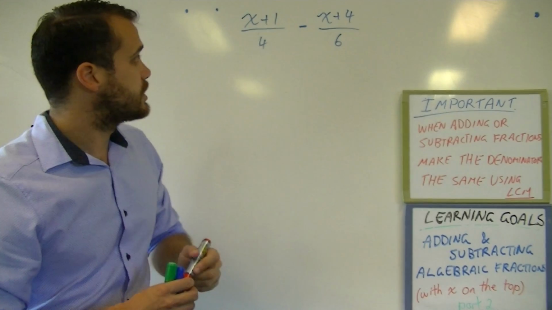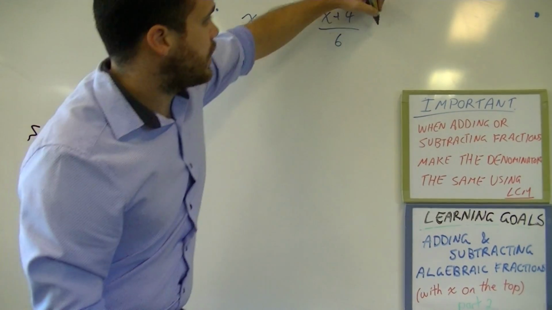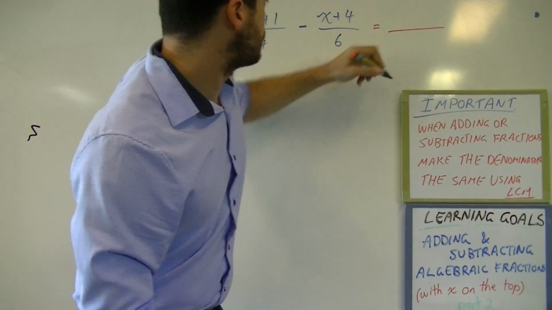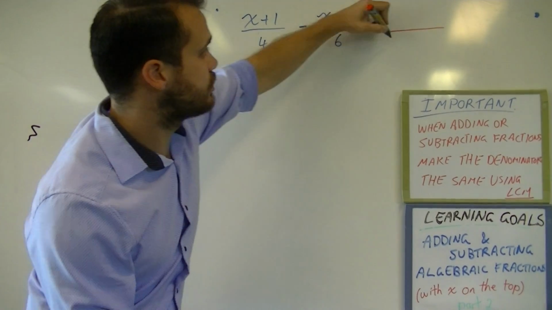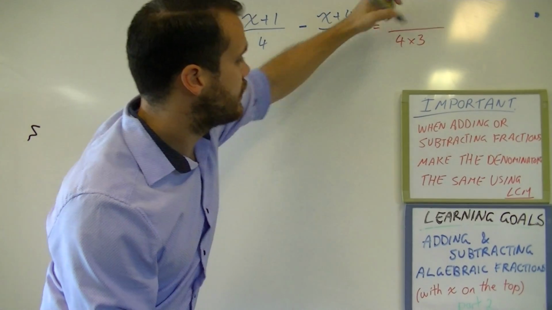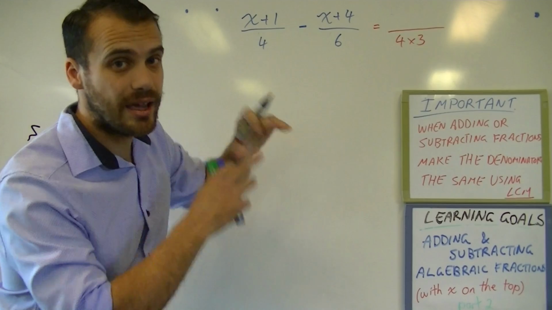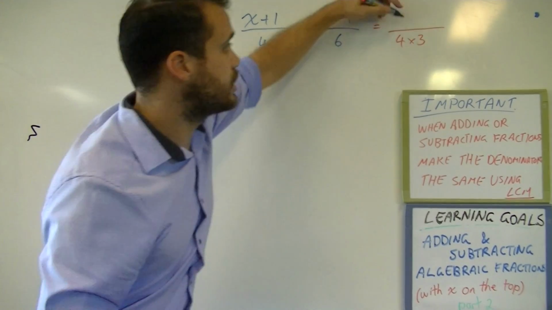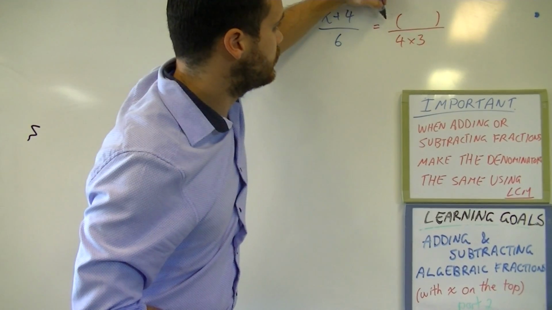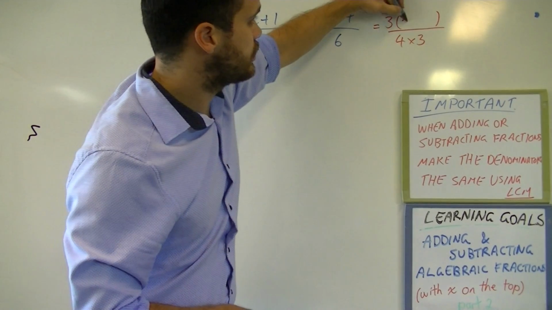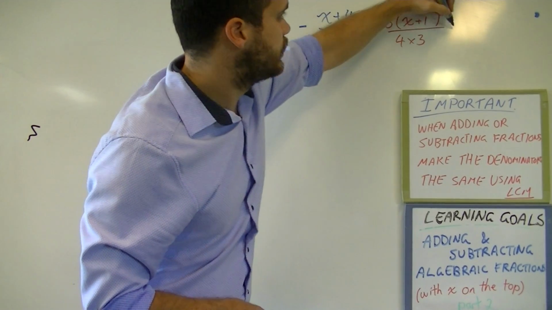Okay, so let's start on this one. We need to make our denominators the same. 4 times 3 will give us 12. And then we need to multiply everything on top by 3. The easiest way to do that is 3 times (x plus 1).